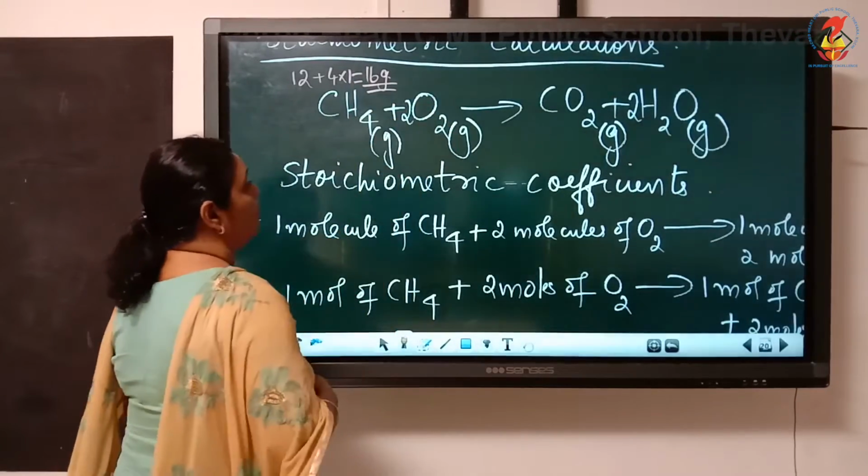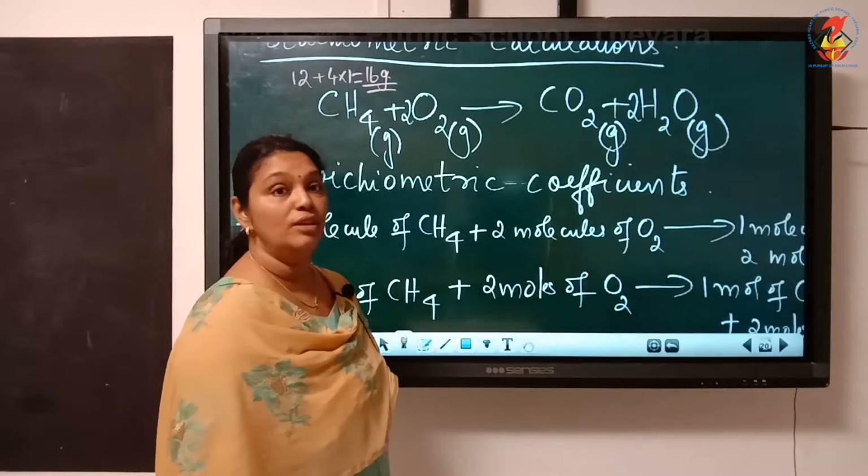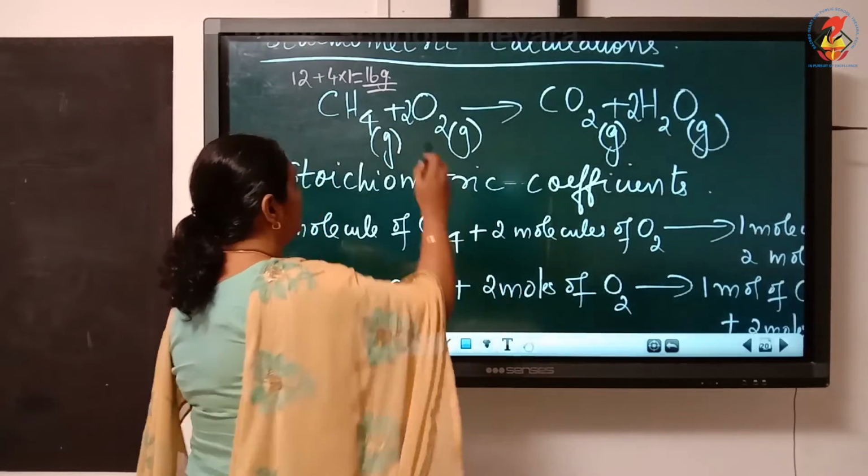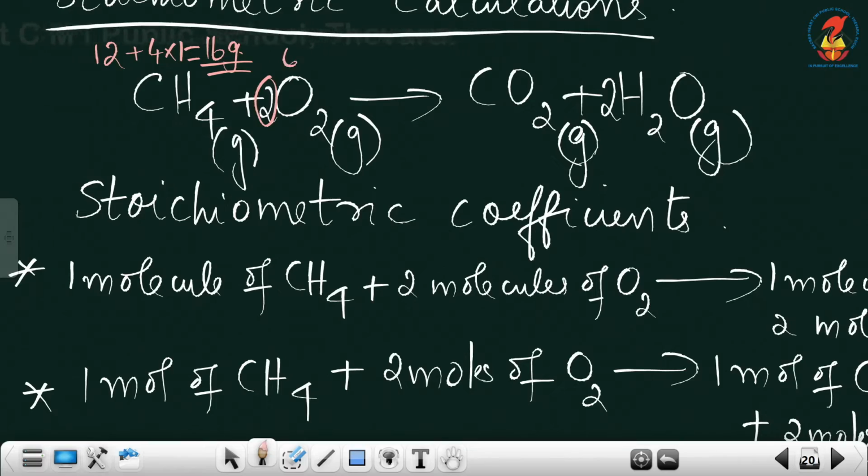Now, O2, oxygen atomic mass is 16, O2 means 32, 32 into 2 will be 64 gram. Now carbon dioxide, 12 plus 2 into 16, which is 32, 32 plus 12 will be 44 gram. And H2O, the molecular mass of H2O is 18, so 2 into 18, which is equal to 36 gram.